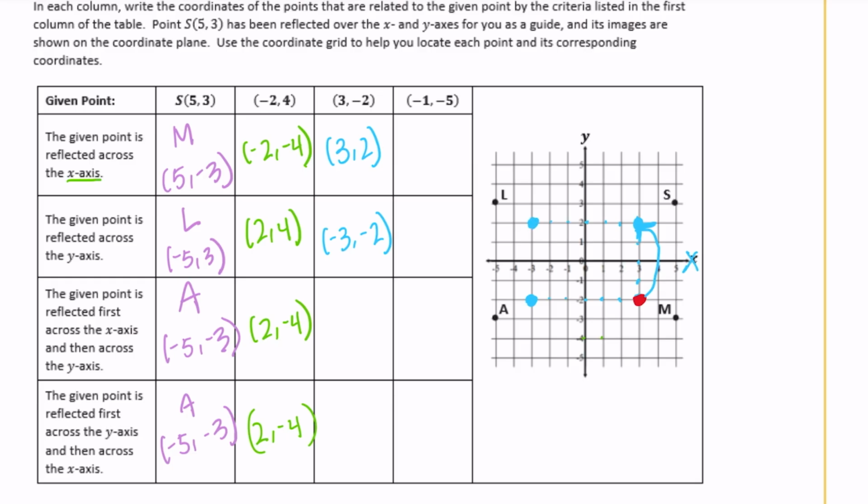That is -3, 2. So we went across the x and then across the y. And then if I do it first across the y-axis, I'll end up there, and then across the x-axis, I end up here again, which was -3, 2.